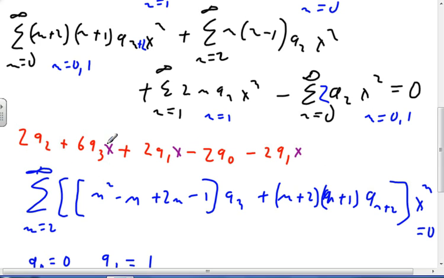Okay, so a0 is 0, a2 has to be 0. a1 is 1, so a3 has to be 0.